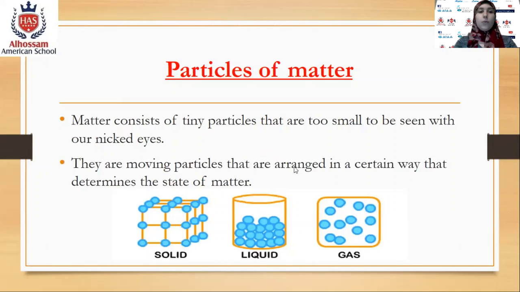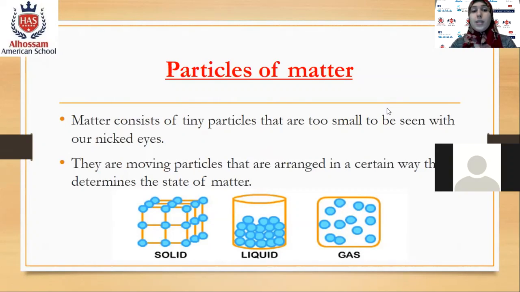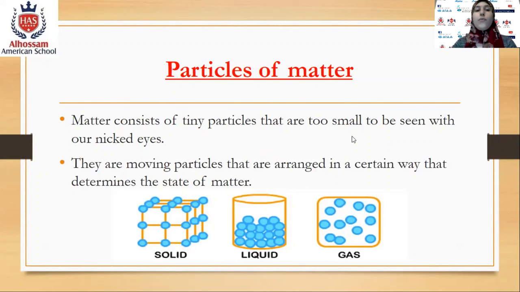So let me tell you that matter consists of tiny particles, as we said. They're too small to be seen by our naked eyes. They're moving particles that are arranged in a certain way that determines the state of matter.